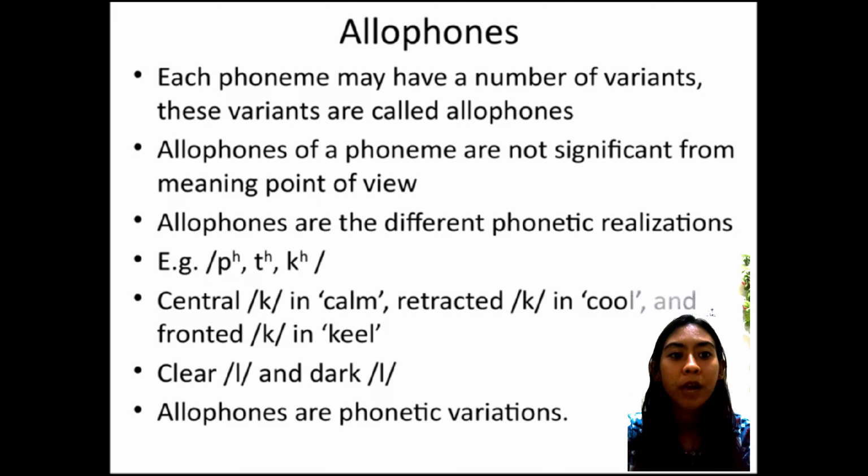Allophones of phonemes are not significant from a meaning point of view. Allophones are the different phonetic realizations, for example, p, t, k. Central k in calm, retracted k in cool, and fronted k in kill. Clear l, and dark l. Allophones are phonetic variations.